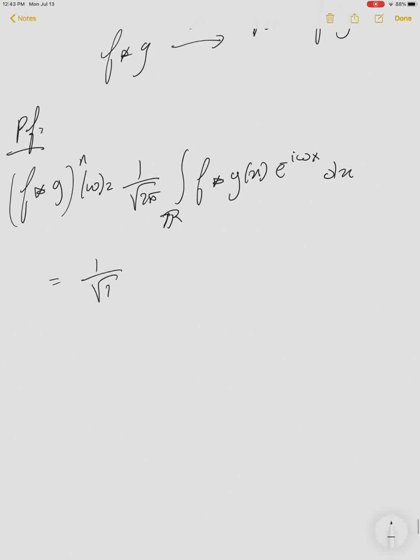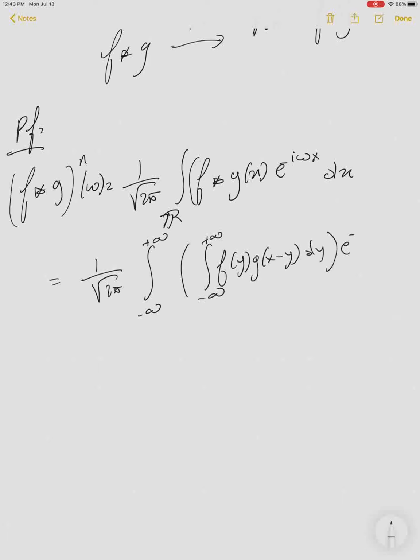And this is equal to 1 over square root of 2 pi integral from minus infinity to positive infinity. Now f convolved with g by itself is integral from minus infinity to positive infinity f of y g of x minus y dy, times e to the minus i omega x dx.